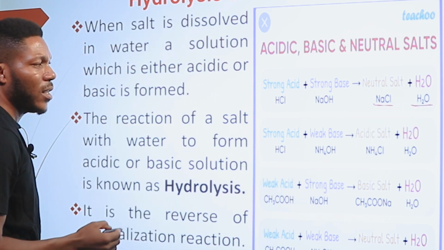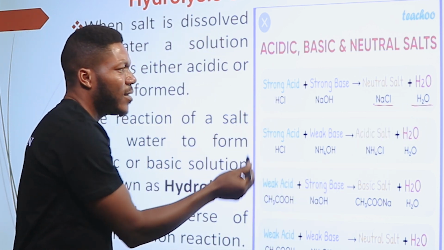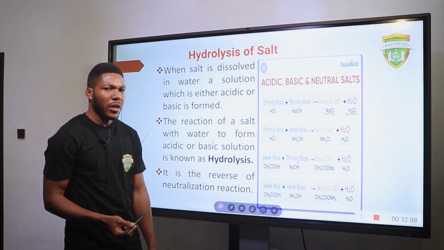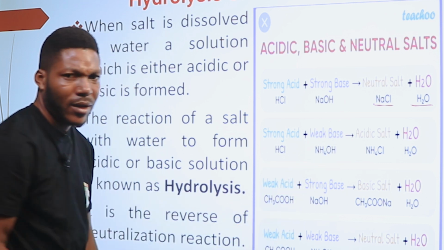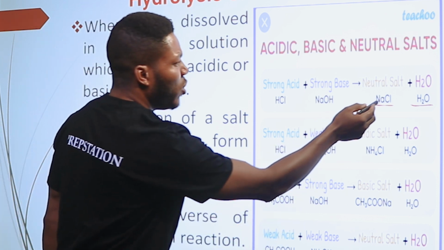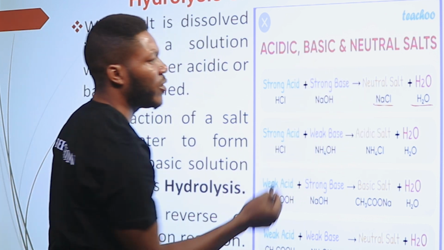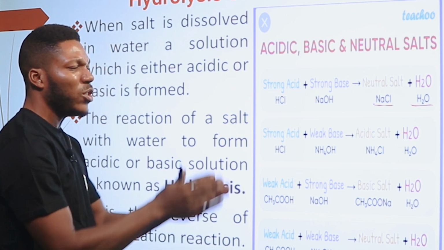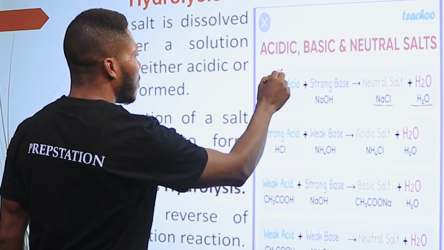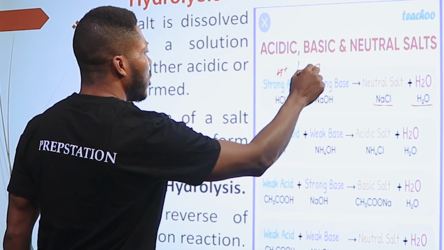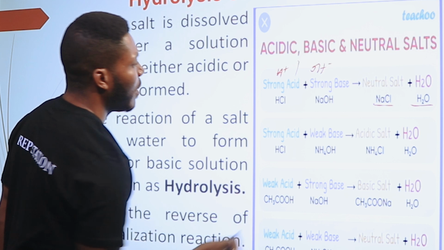So what type of acid will be formed? Strong acid and strong base. In other words, if we react a strong acid and a strong base, you're going to get what? A neutral salt that is formed, because there is a complete neutralization of the H plus with the OH minus present in the sodium hydroxide.